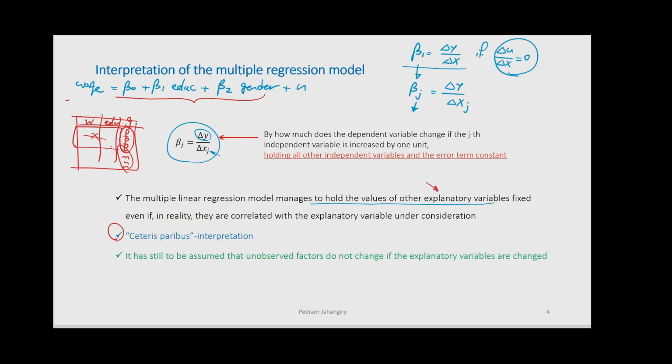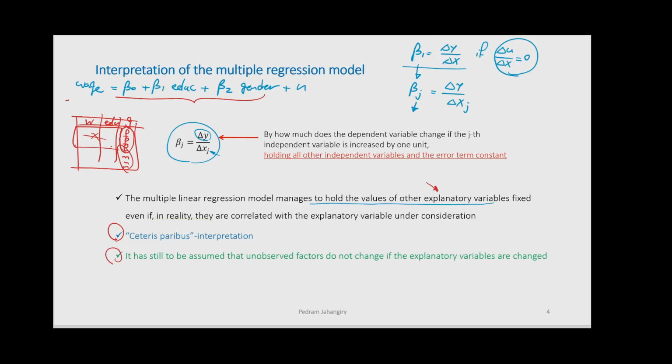Multiple regression analysis enables us to have a ceteris paribus interpretation. And the more factors that I'm controlling for, the more confident we are that this is not pure correlation. This should be something more than correlation, if it turns out to be significant at the end of the day.